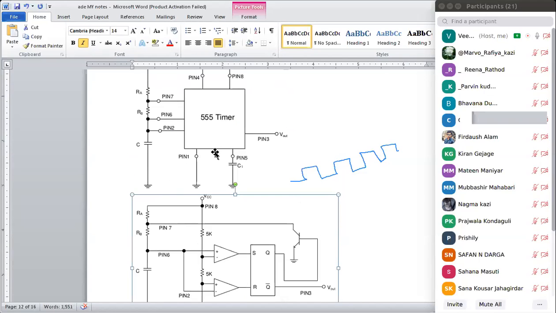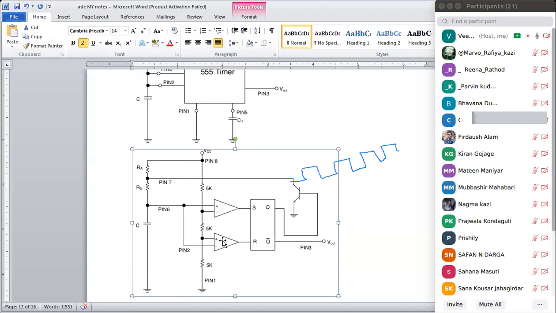Within this 555 IC, there are two operational amplifiers, which we call comparators, one SR flip-flop, and one transistor.